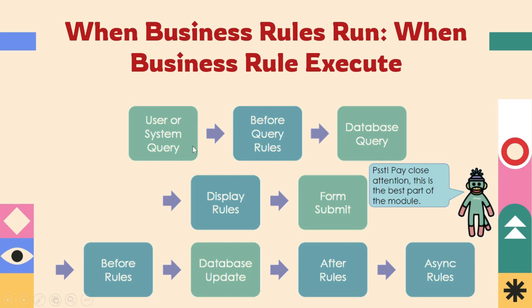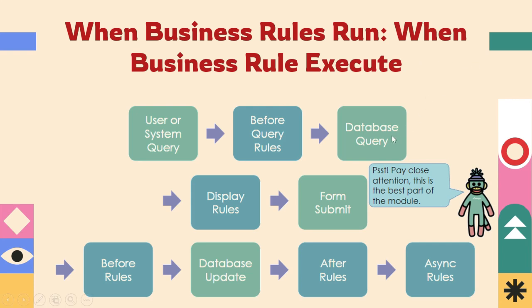Alright, then we can move further and see how business rule actually executes. First, the user will be querying the database or any table. The query which will be done is a query business rule, it will be running when we are querying any table in the database. So it will fetch before the database provides us the data.